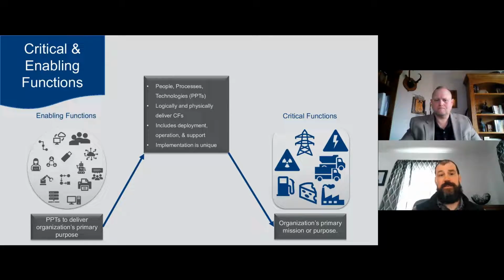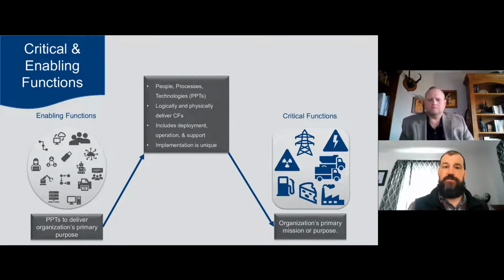Another thing that is a struggle, and what makes it a little bit different from traditional cybersecurity, is that these implementations are unique. Although many of the technologies are ubiquitous, the application for exactly how they're used to provide a particular critical function is relatively unique.